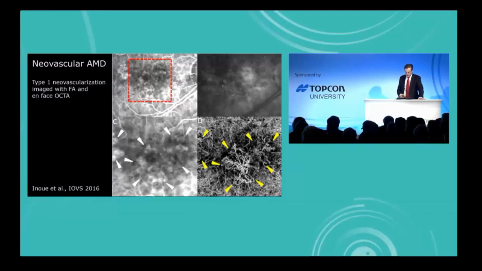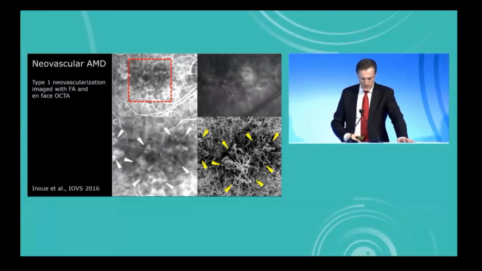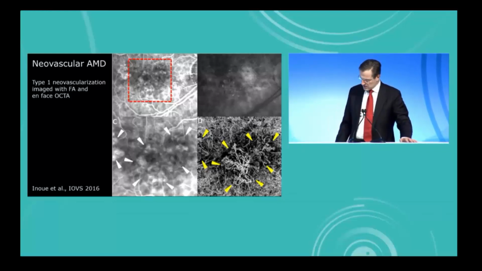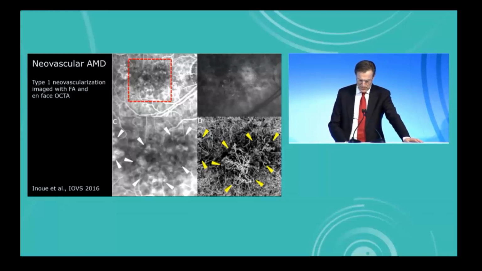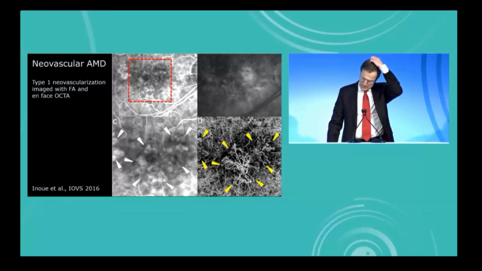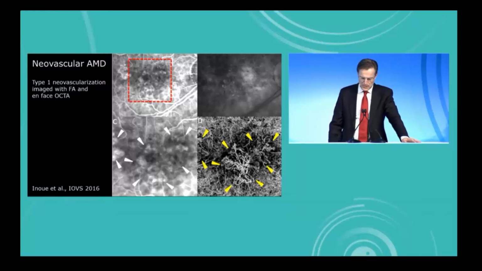So you're familiar now with type 1 neovascularization, and here you see an OCT en-face angiogram down here to the lower right, and around it you have fluorescein angiograms that show various phases of the angiogram with leakage and patterns of neovascularization, where you see mostly the tufts around the periphery of where they are.